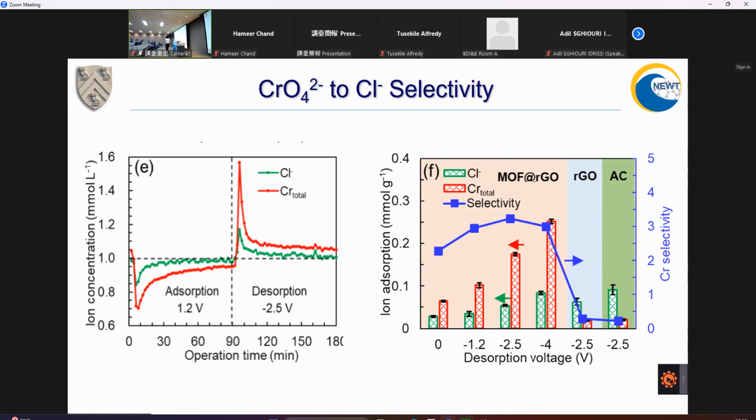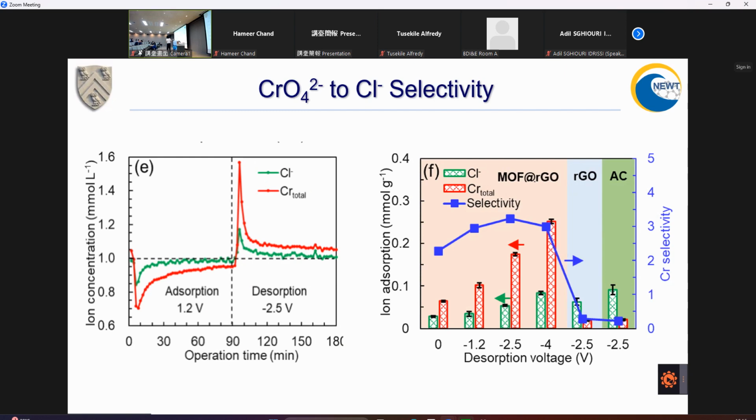And that's summarized in this graph. We're showing ion absorption in millimole per gram of the electrode as a function of desorption voltage. And you can see here, the absorption for hexavalent chromium is significantly higher than chloride under all conditions.